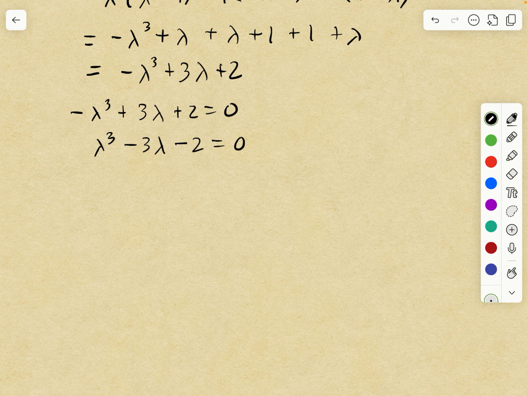In general, what you want to do is find a root of this cubic polynomial, and then you can factor out lambda minus that root, and then you get a quadratic. One way is to just guess values of lambda and through trial and error find one that works.